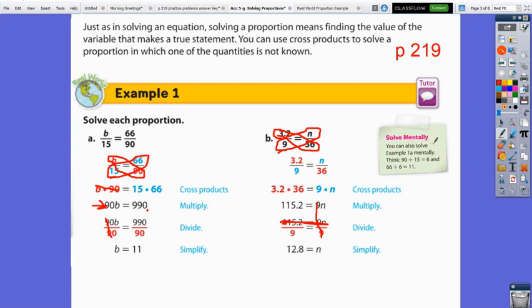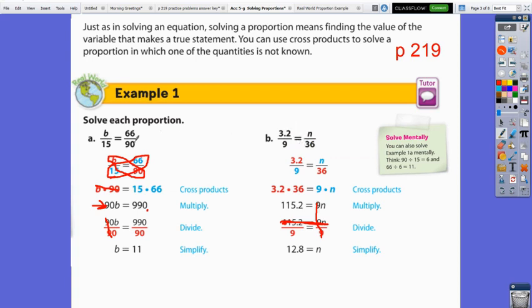It talks here that you can sometimes solve these mentally. These are really equivalent fractions. If it's easy to get the equivalent fraction, then you can sort of skip these proportion cross multiplying steps and just write the answer down. For an accelerated class, that's an acceptable thing to do. Like here, 9 times, well, not so easy to do this one in your head.